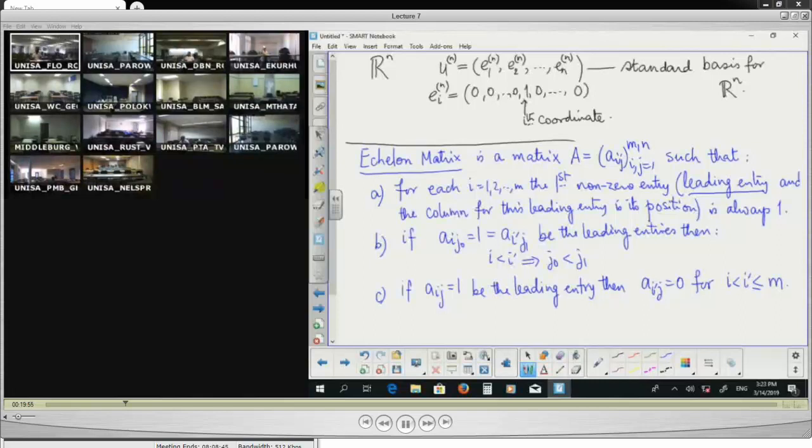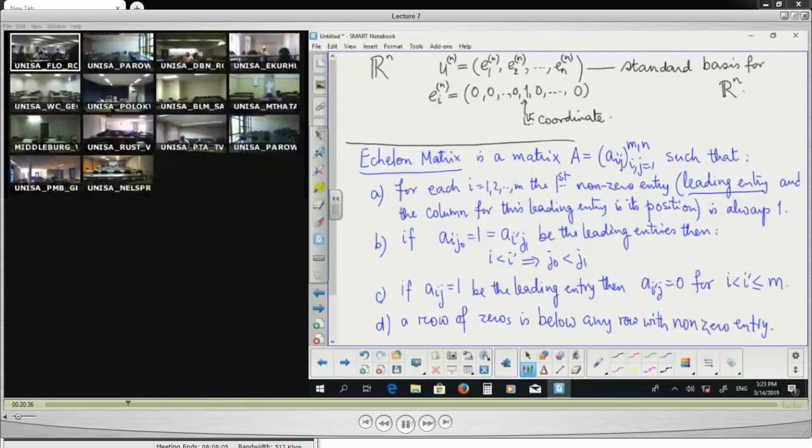And a row of zeros. Okay? So it has to satisfy these four conditions.